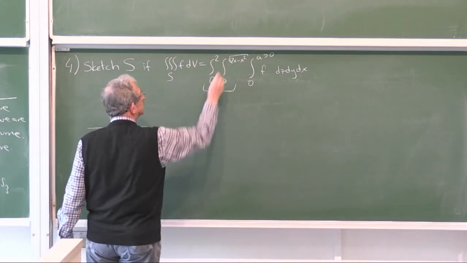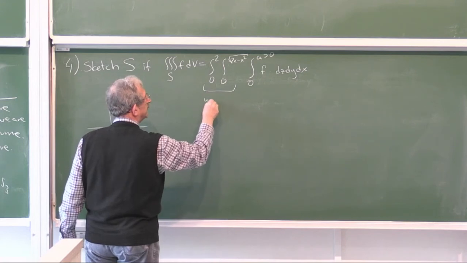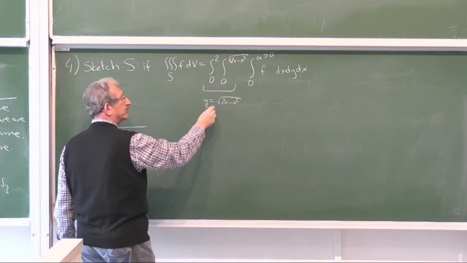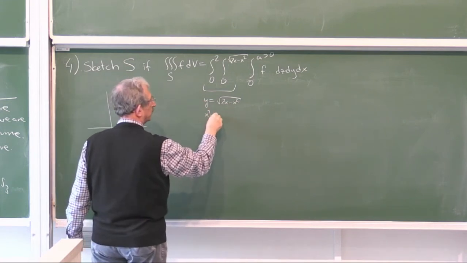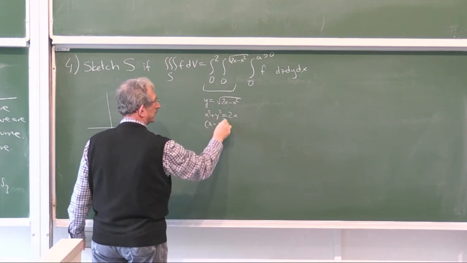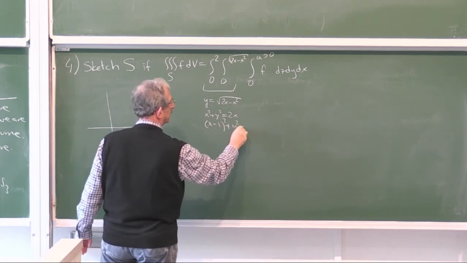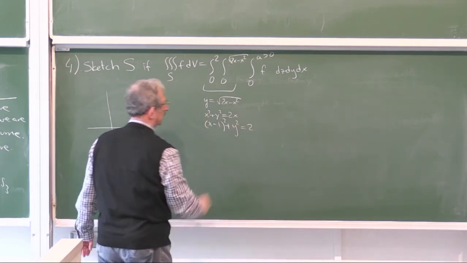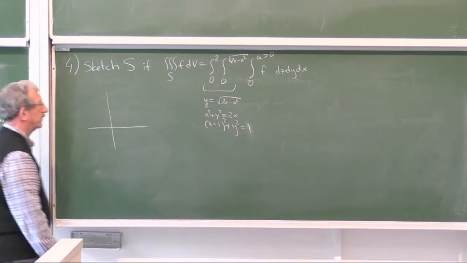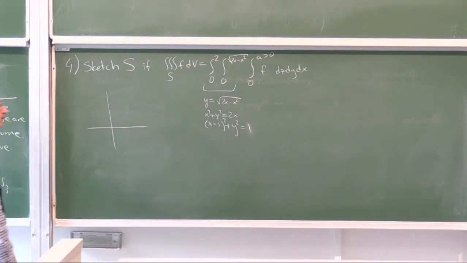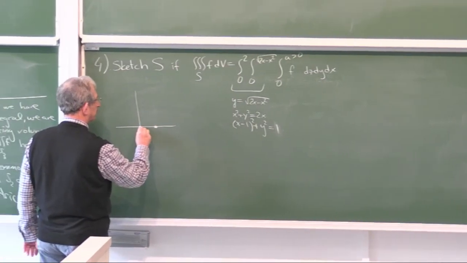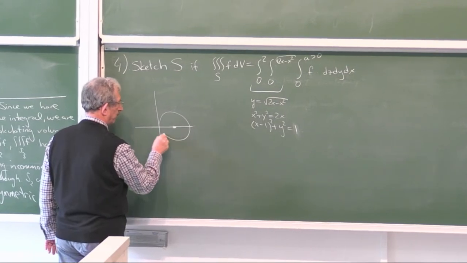Clearly, for this, we need to determine what this means. This certainly means that x squared plus y squared is 2x, or (x minus 1) squared plus y squared is, which one? 1. Okay. Well, this is then a circle of this form.